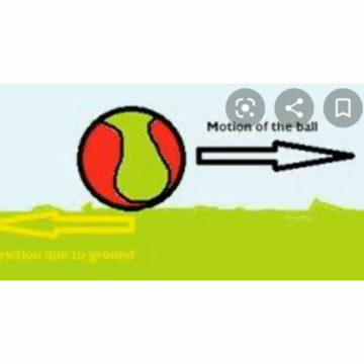Students, you would have observed that a ball rolling along the ground gradually slows down and finally comes to rest. It seems that its movement is opposed by some force which makes it slow down and come to rest.